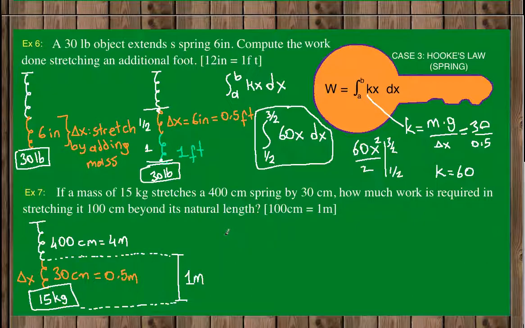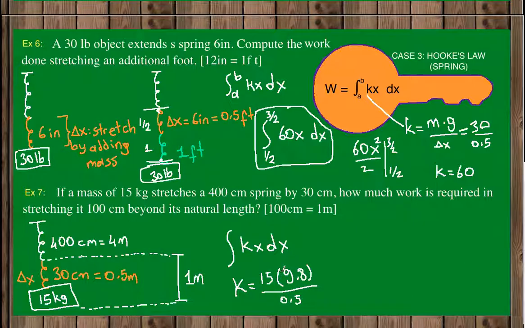So our integral will be kx dx, and our k here is mg, which is the weight of the mass, which is 15 kilograms. Now we have to consider gravity because it's in kilograms, 9.8, divided by delta x, which is 0.5.